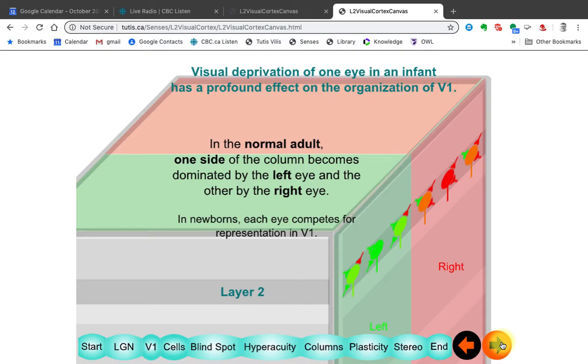As an adult, we start developing two sides of this column. This side is dominated by this eye, and this side is dominated by the other eye. So that's where the input comes into, and then this input goes up to these other layers.